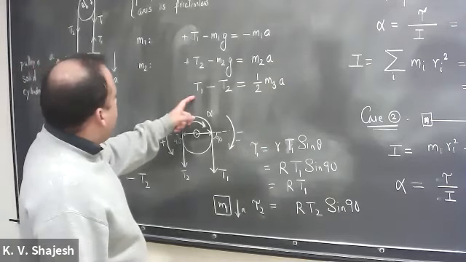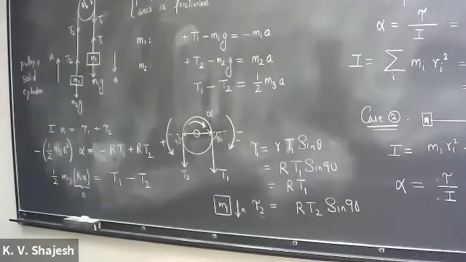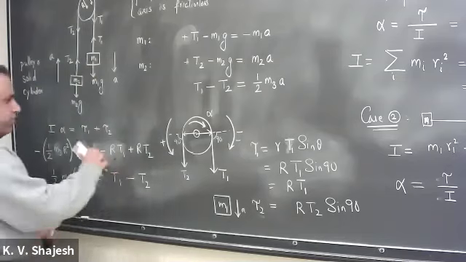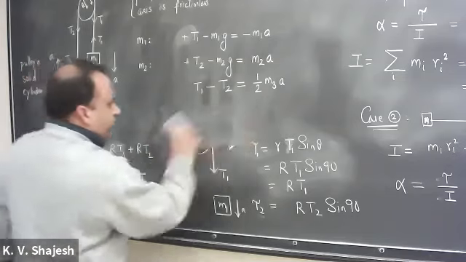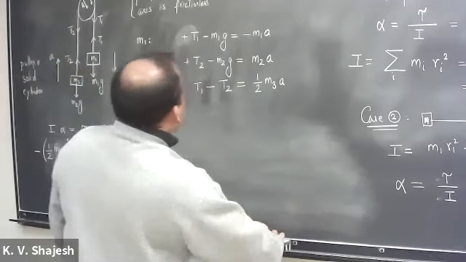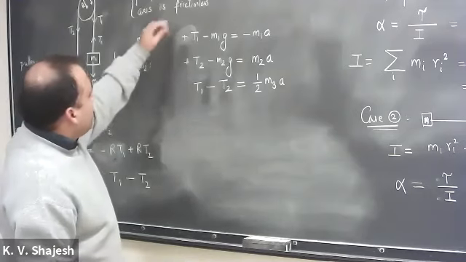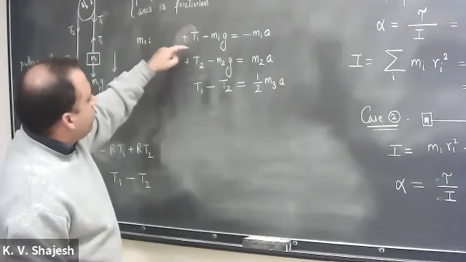So I have T1 as an unknown, T2 as an unknown, and acceleration is also an unknown. And if you allow me to erase these things here, it has become a little more complicated than what we had earlier. We used to have two equations and two unknowns.